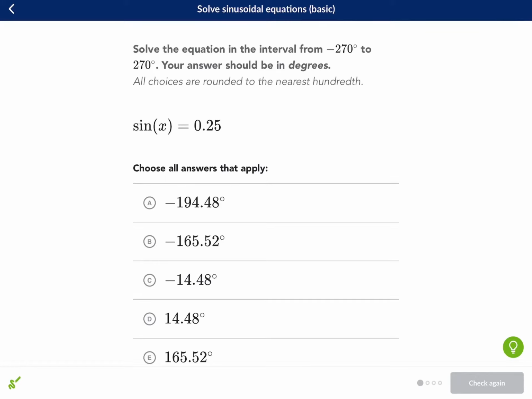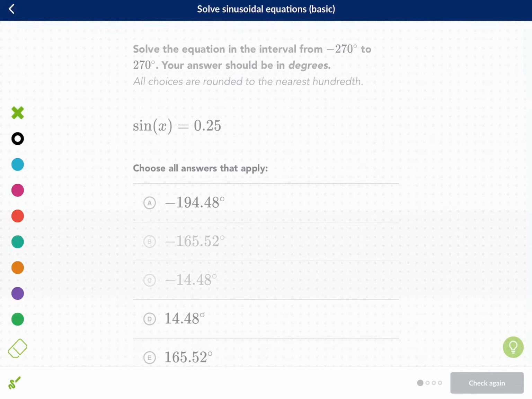So here we have a very, very similar equation. When we go to solve it, x is going to equal the inverse sine of 0.25. What this question is actually telling me is, I have an angle where the sine is 0.25, tell me that angle. Well, that's the inverse function. But if you notice, I have expanded my interval.